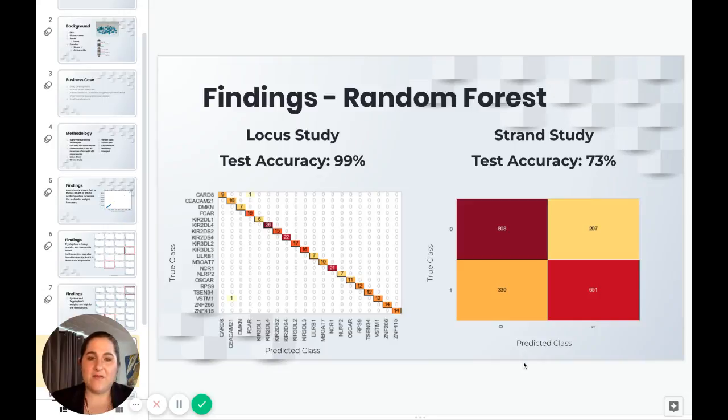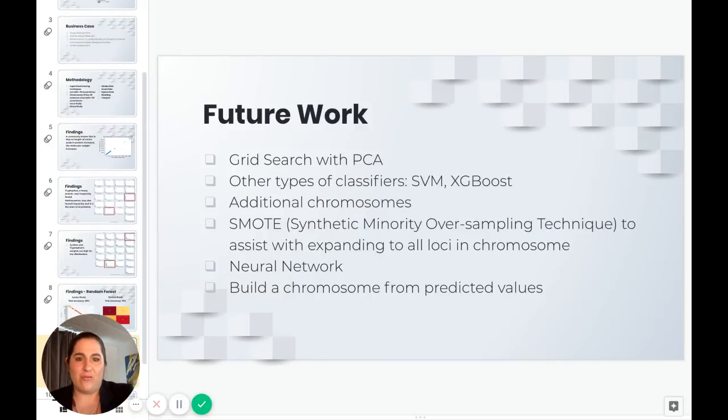The test accuracy for the strand study was not as great, but again, the same information is being fed in both forwards and backwards, so it makes sense that there's some kind of confusion there. And there probably are some adjustments that can be made in some future work.